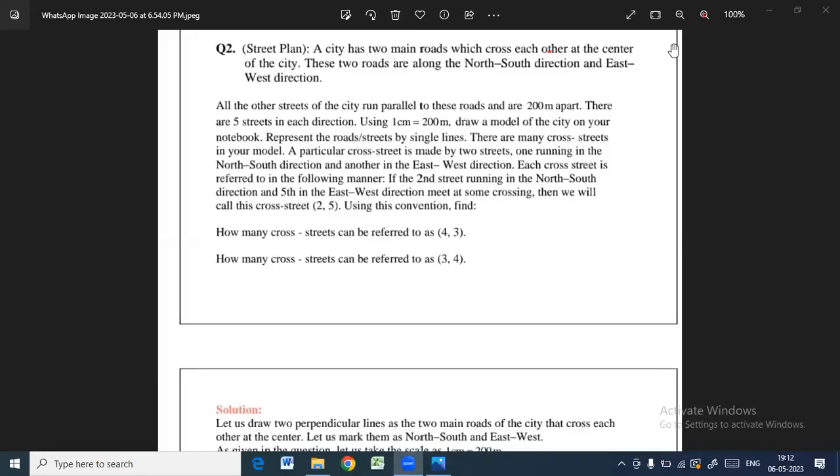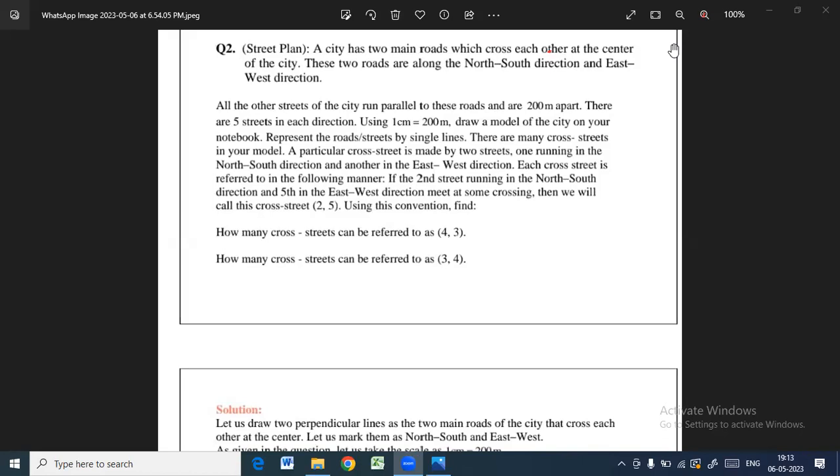Street plan. A city has 2 main roads which cross each other at the center of the city. These 2 roads are along the north-south direction and east-west direction.